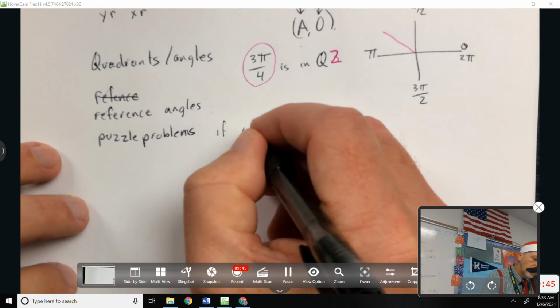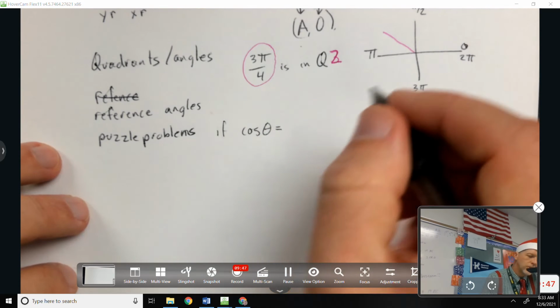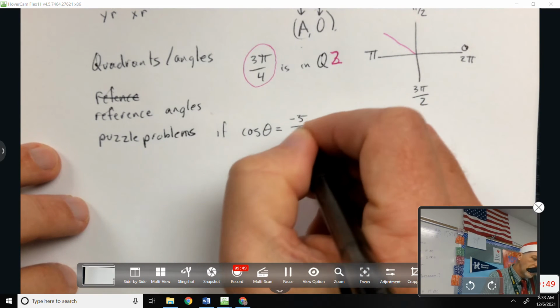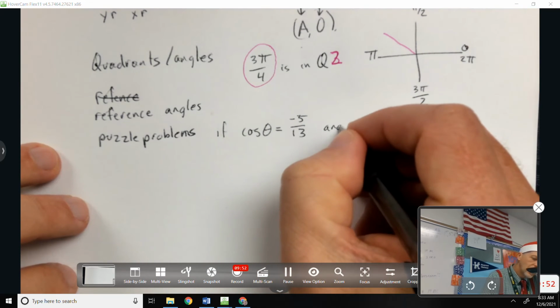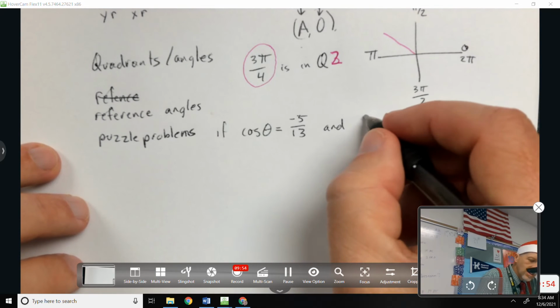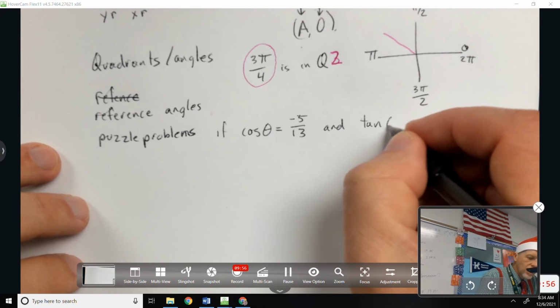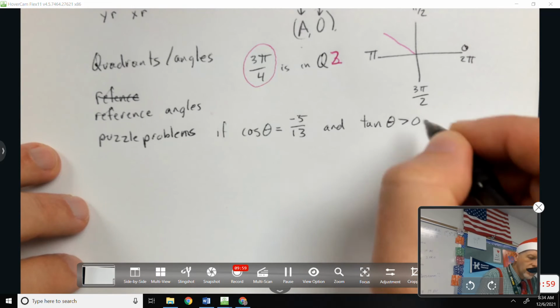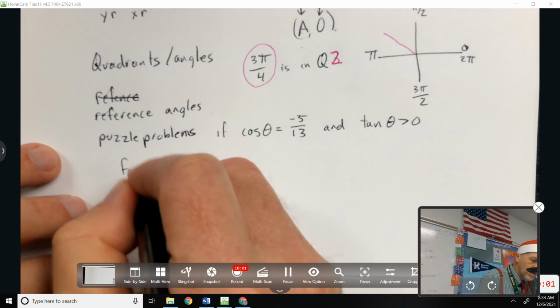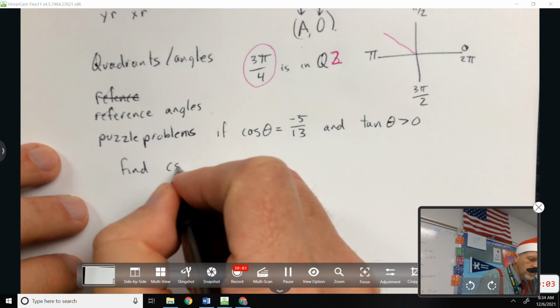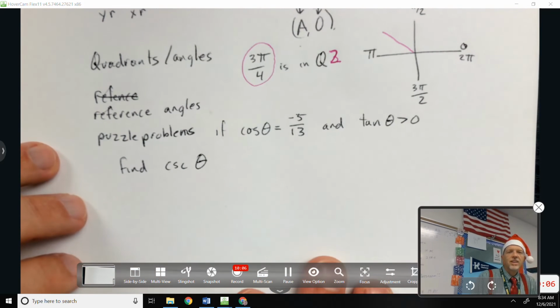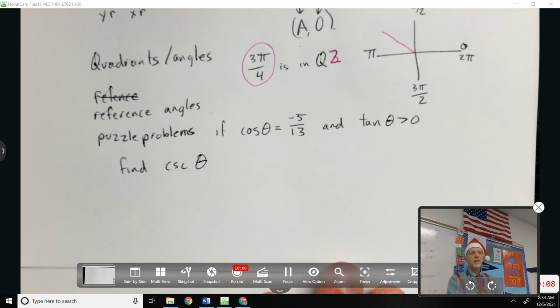If cosine is equal to negative 5/13 and tangent is greater than 0, find the cosecant of theta. Let's do that one. This turned into warm-ups and a test outline, but that's okay. Hope I didn't make that one too similar to the test question.